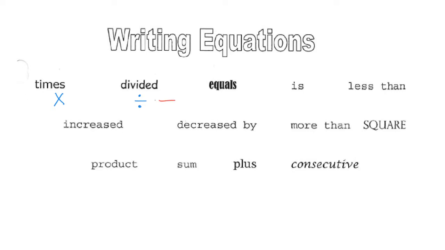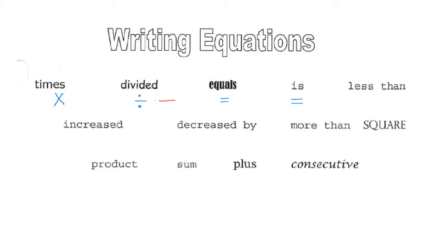Equals is quite often a term that we overlook when we read in English, just how explicit equals is. And you'll also notice that the word is in English is also another way for us to express equals. 5 is x. X is 5. Notice you would replace both of those with an equal symbol.